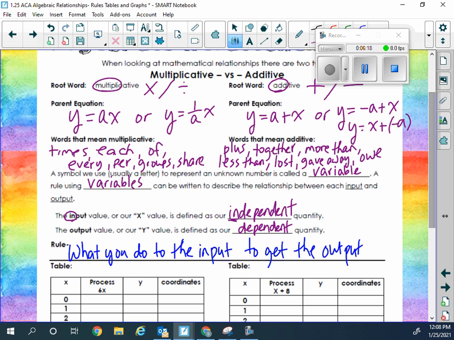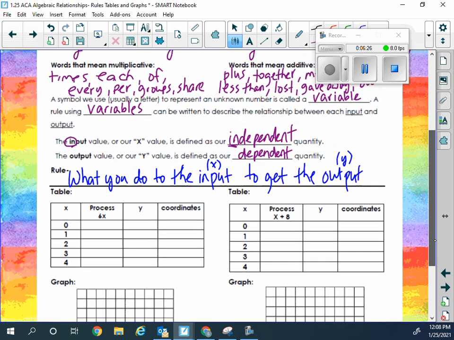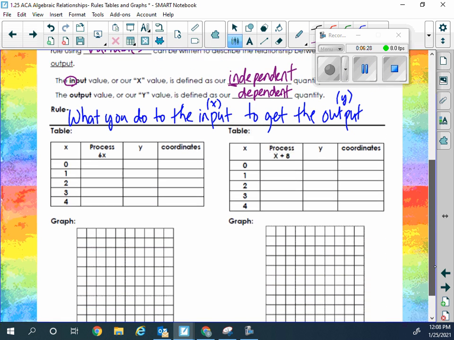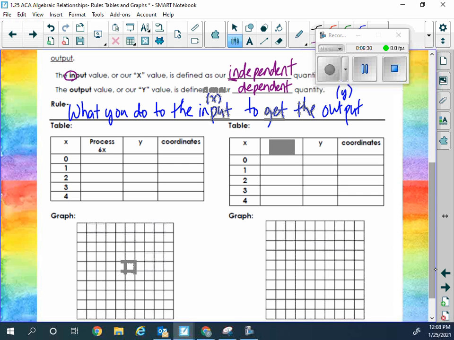That was our rule. It's what we were doing to the input, or x, to get the output, or y. Okay? If you look at this first table, they gave you the x, and you have to figure out the y and the coordinates, okay? Notice that they use the word process. Give me another word besides process that we can put there.